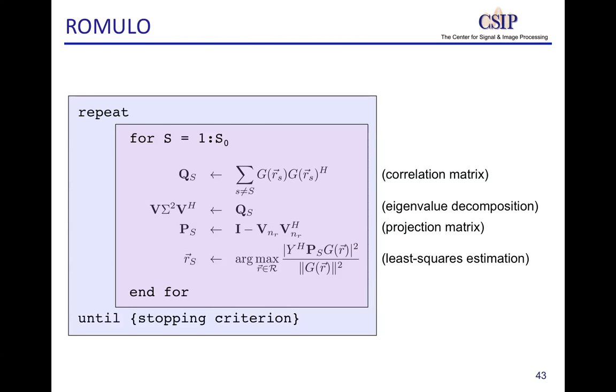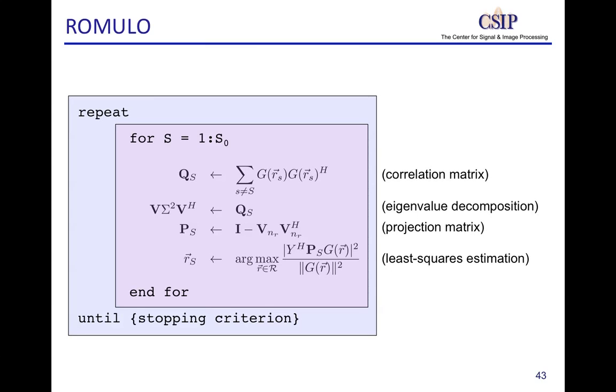So here's the basic algorithm for Romulo. So we're repeating this inner loop until some stopping criterion. And so what does this inner loop do? It's looping over all the source locations. And at each iteration, it's estimating a correlation matrix that has all of the Green's vectors except the one that we're currently estimating.